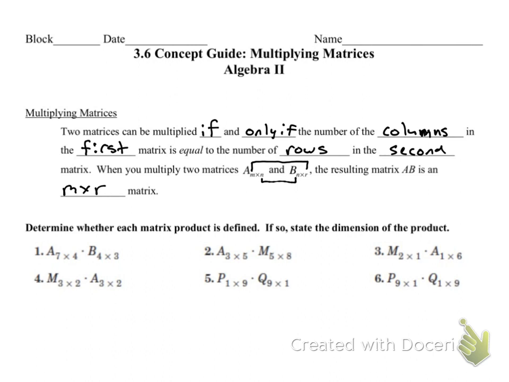If you look at number 1, what I like to say is, the inner dimensions tell you you can do it. They're both 4s, okay? The 7 and the 3 give you the dimensions of the resulting matrix after you multiply.